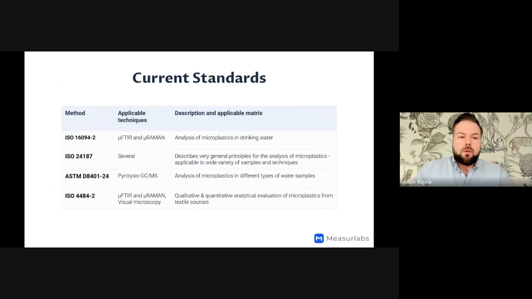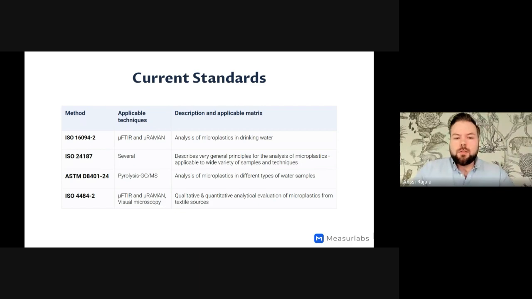So then we move on to the standards, and there are at least 4 current method standards available. There are also other related standards that we talk a bit about during this also. So first and foremost, there is ISO 16094-2, that is vibrational spectroscopy methods for waters with low content of suspended solids, such as drinking water.